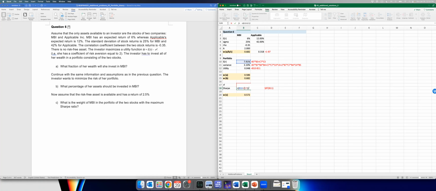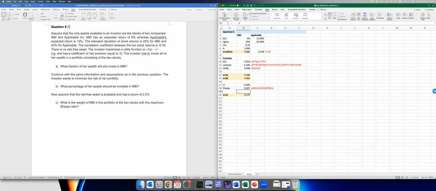So that's the square root of the variance, B11. If we put portfolio weight 0.68 in NBI, then the Sharpe ratio is 0.3.